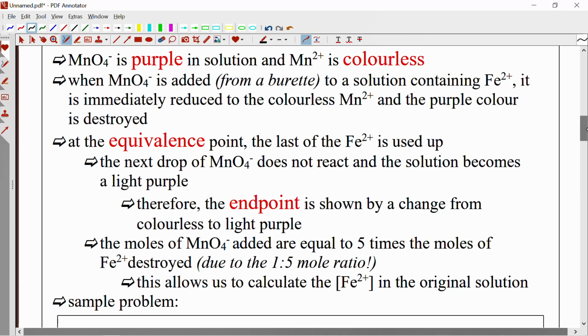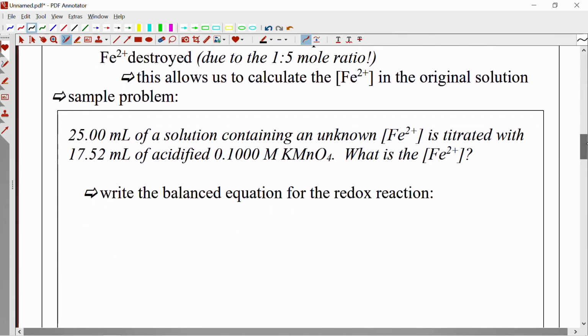And again, light is the key. Now, the moles of permanganate added are equal to 5 times the moles of iron destroyed. If you look at the coefficients in that reaction equation, the ratio of permanganate to iron 2 is 1 to 5. That's going to go on our mole ratio, and now we can calculate the concentration of iron 2 ion.